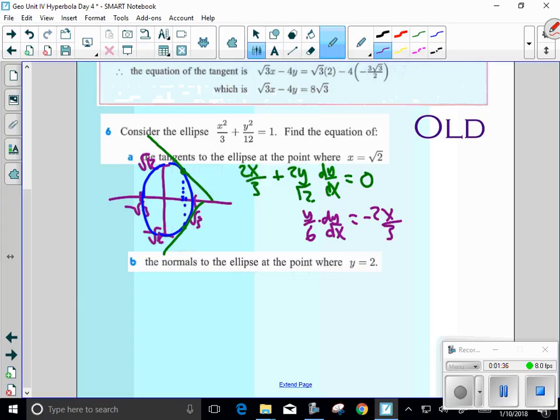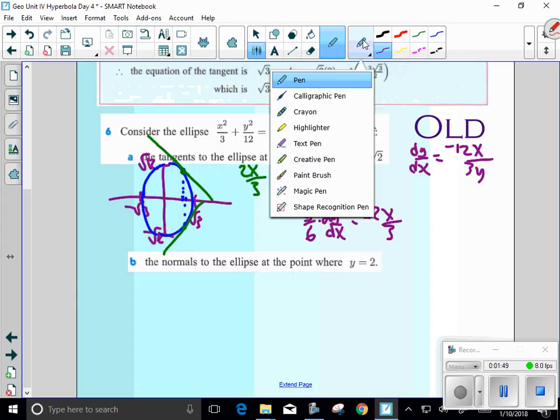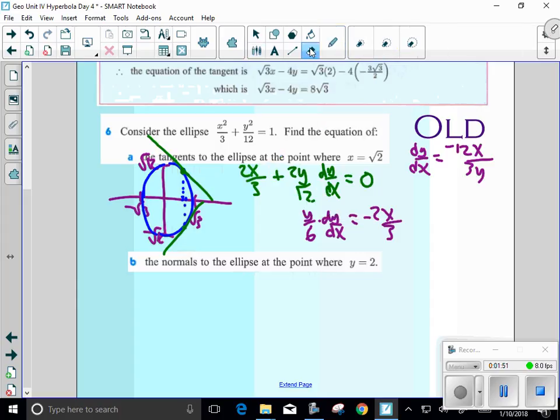So now I'm going to solve for dy/dx, and I'm going to get negative 12x over 3y, which you could simplify to 4.